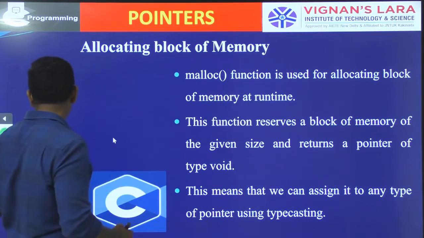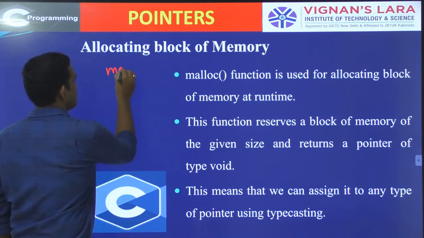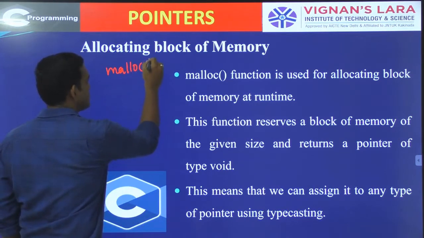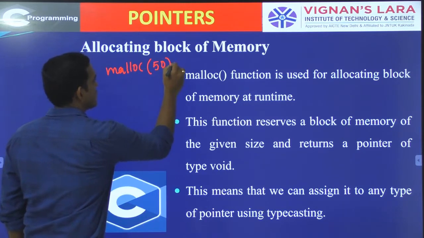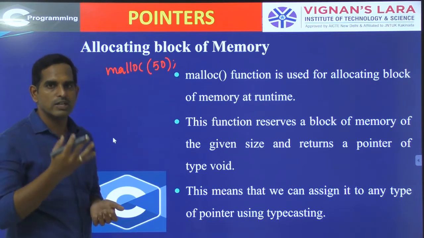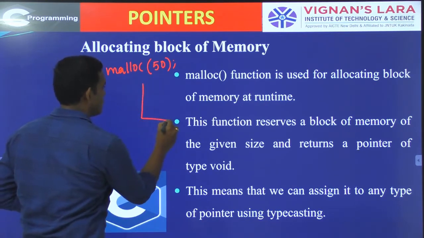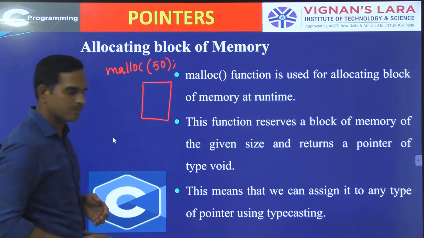What is the meaning of the last point? If your malloc function is in this manner, you have to specify the number of bytes you want for the dynamic memory. So we will be getting 50 bytes of memory.